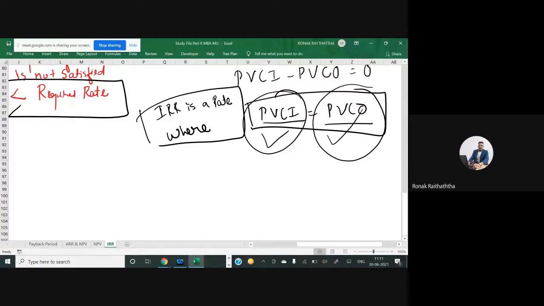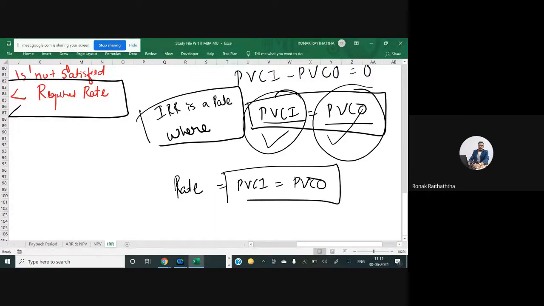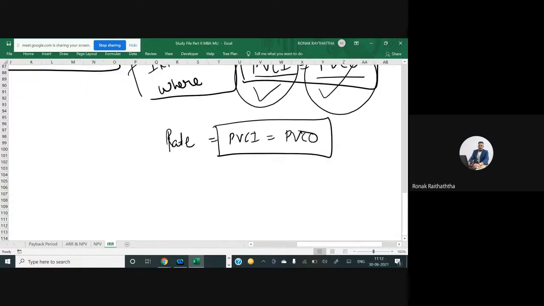At least this much of equation we can find mathematically. I want to find a rate where PVCI becomes equal to PVCO. As simple as that. Now here Excel can give you the answers just in a few seconds, but mathematically you will have to use a concept called interpolation over here.